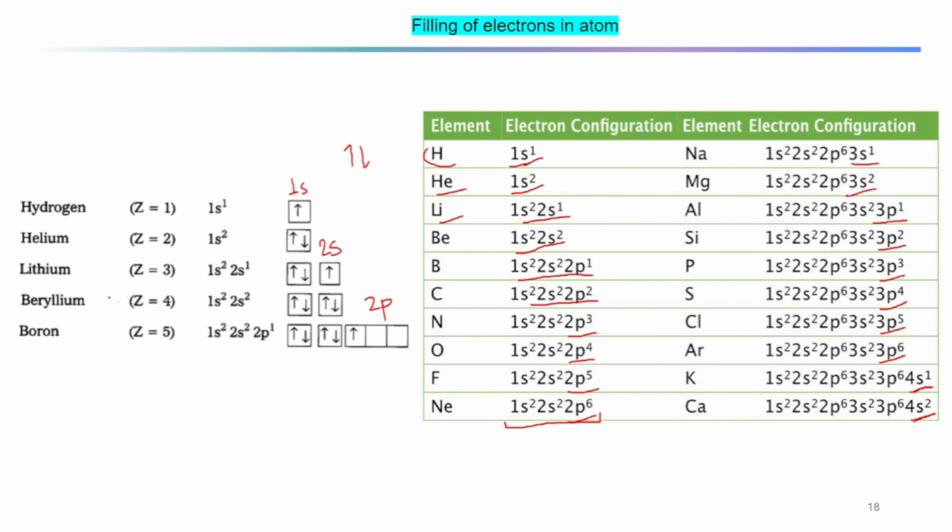The thing you have to remember is how these electrons are getting filled, and that the orbitals cannot accommodate more than 2 electrons. So to understand this filling of electrons, we will learn the Aufbau principle.